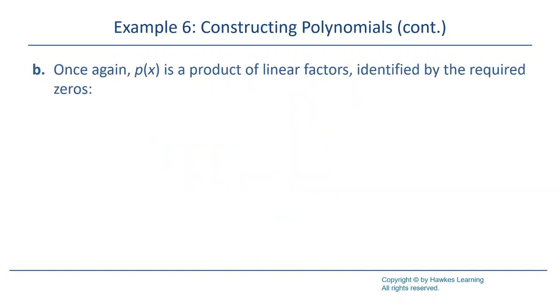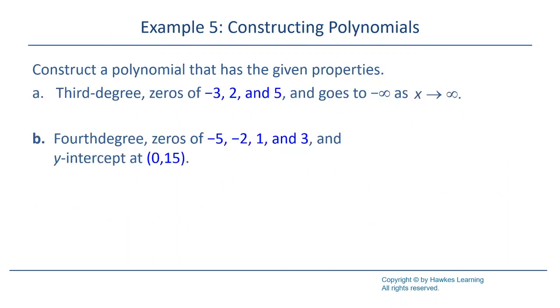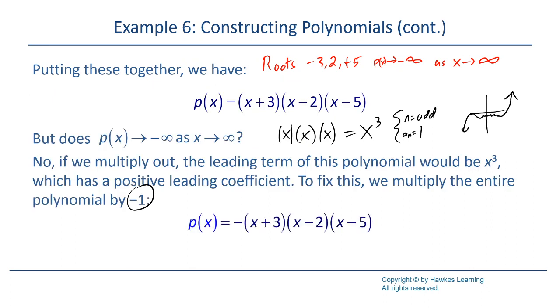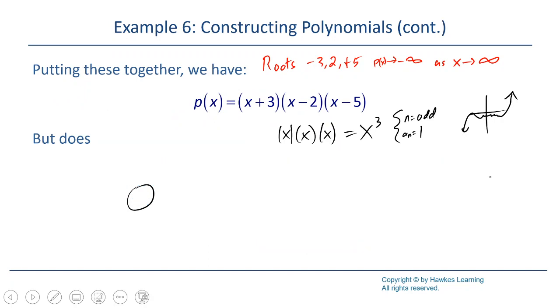Now the second one, let's see, it was a fourth degree with -5, -2, 1, and 3, and had a y-intercept of 0, 15. So like before, you've got your roots of -5, -2, +1, and +3, and it goes through 0, 15.